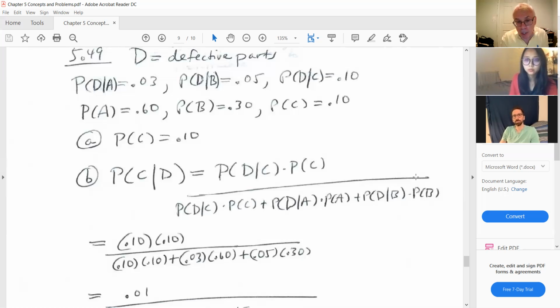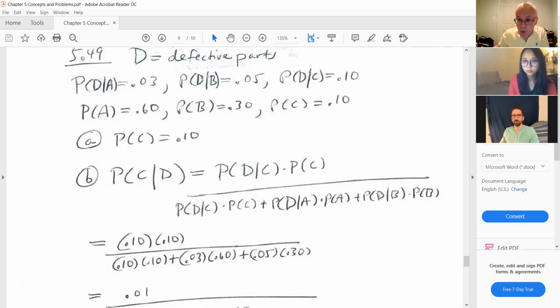possibilities, all of them. This denominator, by the way, is called the law of total probability, which says the probability of D is equal to the sum of the probabilities where D can occur. And it can occur with machine C, with machine A, and with machine B. And there are no other possibilities.